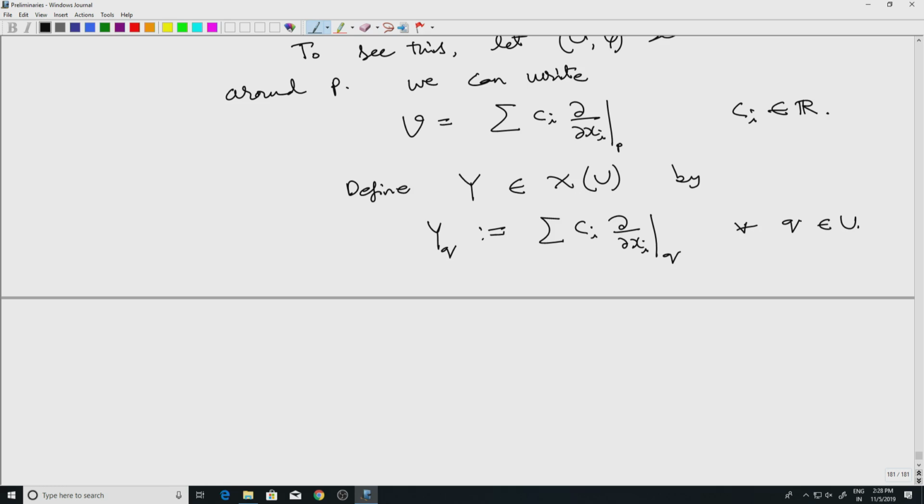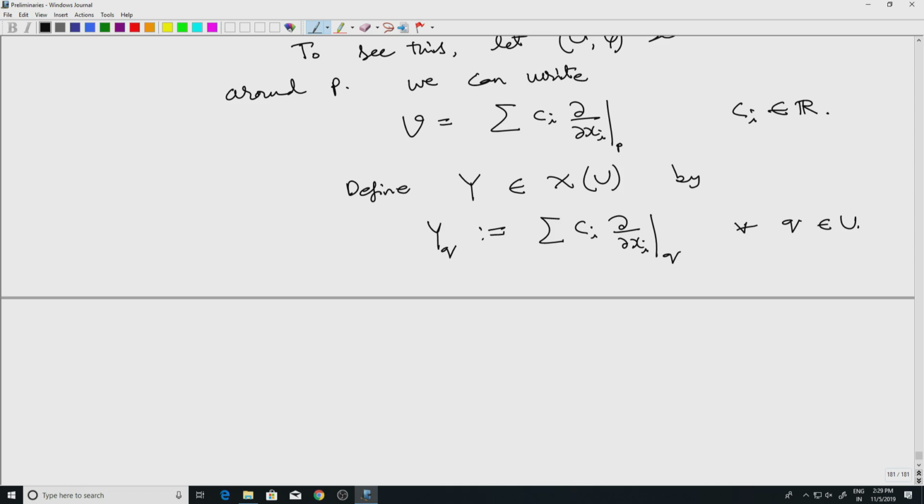We have seen that smoothness is equivalent to the coefficient functions being smooth, but here they are actually constant.